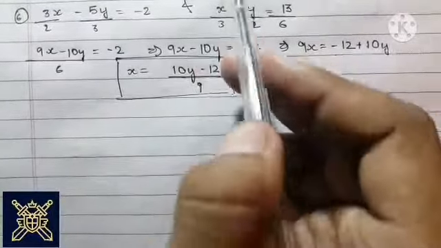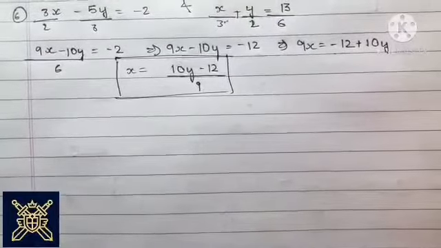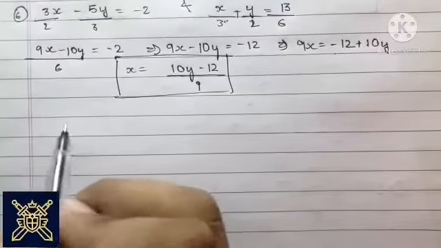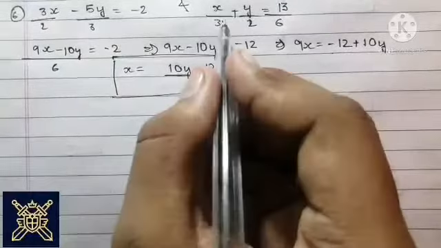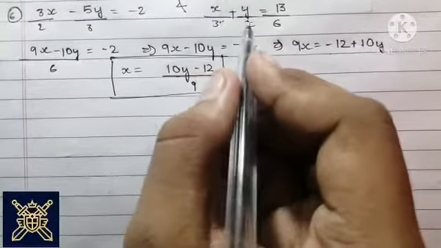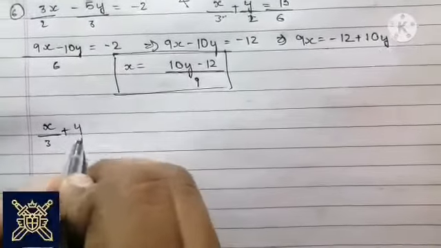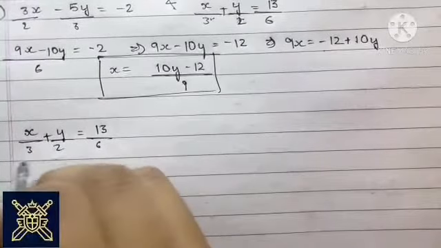Now we will be substituting this in this equation. Now what we have is that x by 3 plus y by 2 is equal to 13 by 6. Now we'll put this value. So x, now adding them again, we take the LCM.